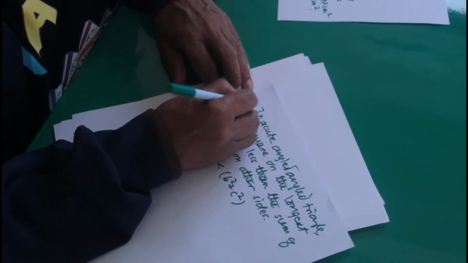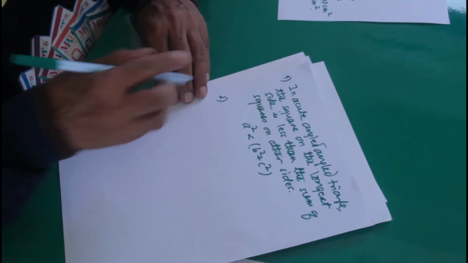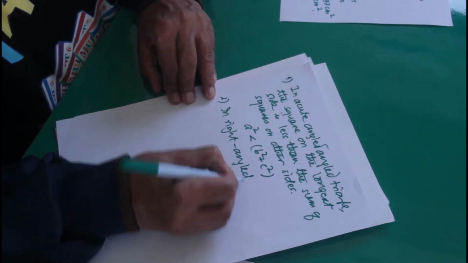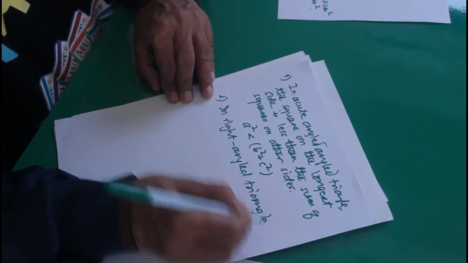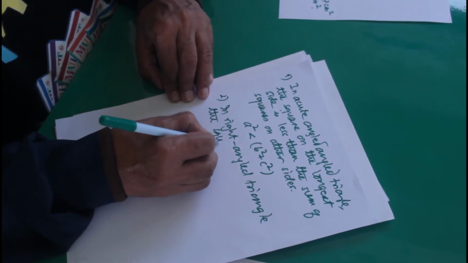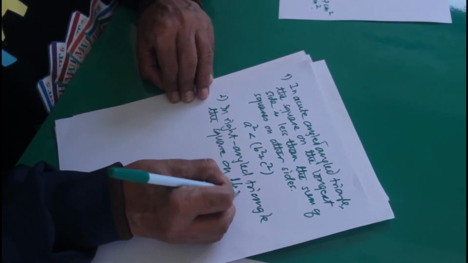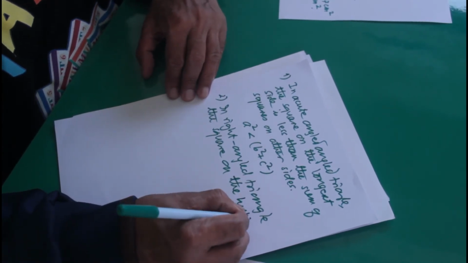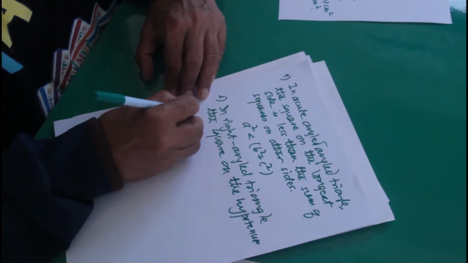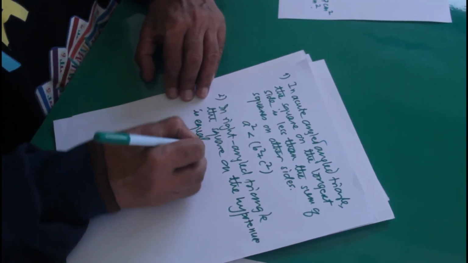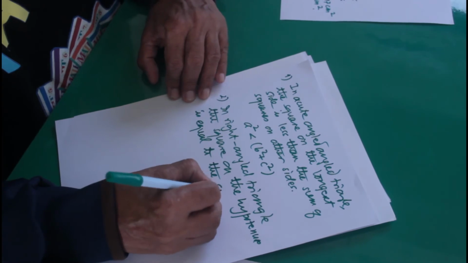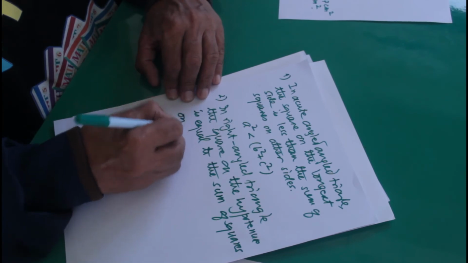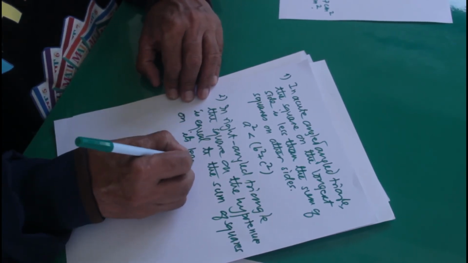We have one conclusion over here, and the next conclusion is: in a right angle triangle, the square on the longest side, the hypotenuse here, is equal to the sum of squares on its legs.